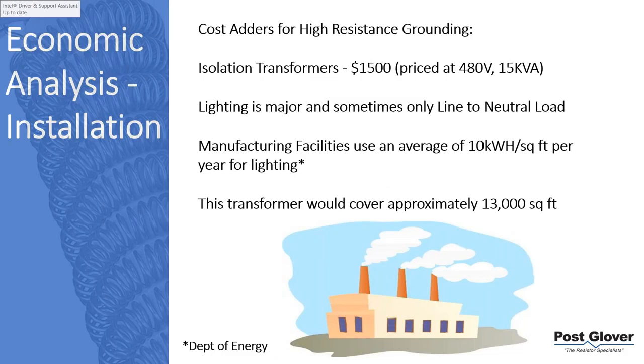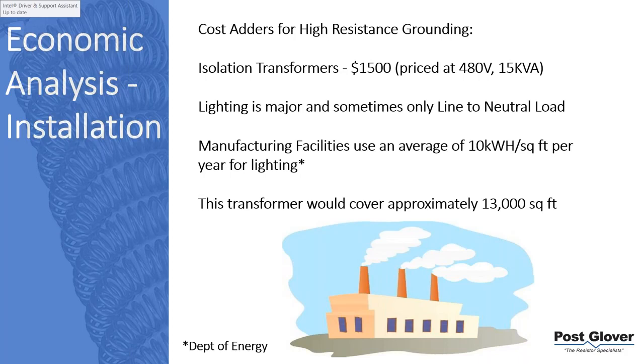I just talked about isolation transformers. We do have some adders for high resistance ground, one of which would be an isolation transformer potentially, if you have line-to-neutral loads. Once again, if you have a new system, you may be able to design it away so you don't have any line-to-neutral loads. Maybe not, it just depends. But if you can't, you would use an isolation transformer.